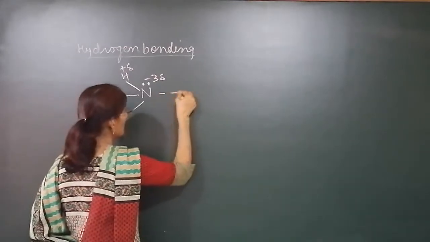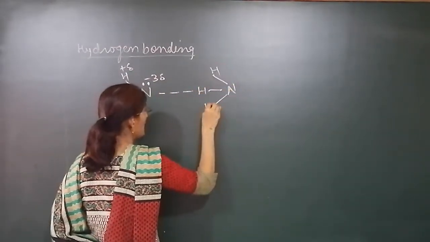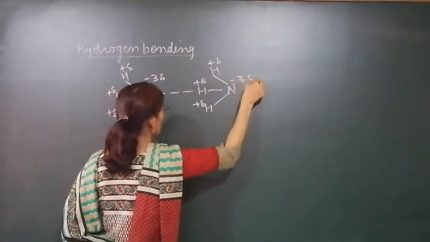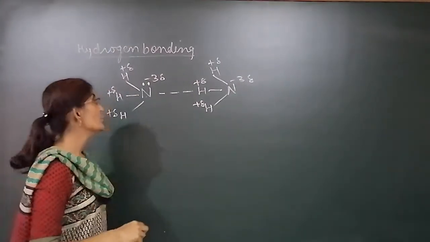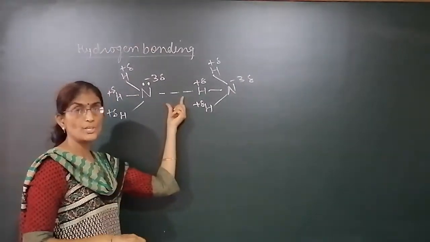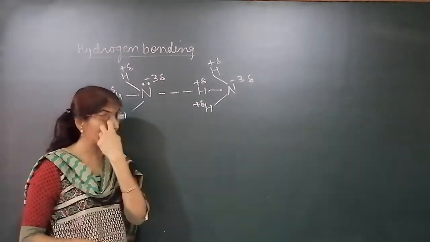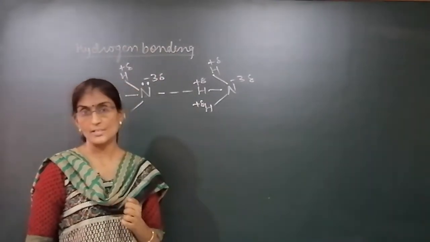Another molecule of ammonia. So the positively charged hydrogen of one molecule and the negatively charged nitrogen of another molecule are joined by intermolecular hydrogen bonding. So intermolecular hydrogen bond is present in molecules possessing atoms like fluorine, nitrogen and oxygen.